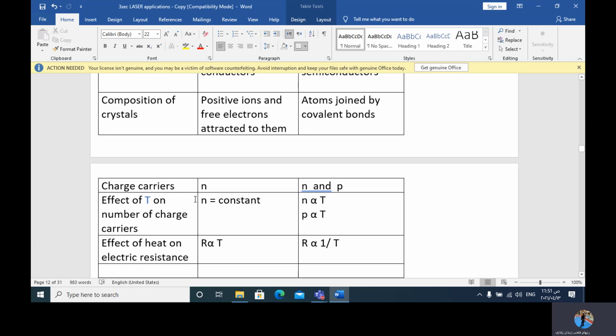Now, another point of comparison between conductors and semiconductors is the effect of temperature on the number of charge carriers. What do we mean by this? Say we take a conductor wire made of copper and increase its temperature. What will happen? The charge carriers, which are electrons in this case, are constant.